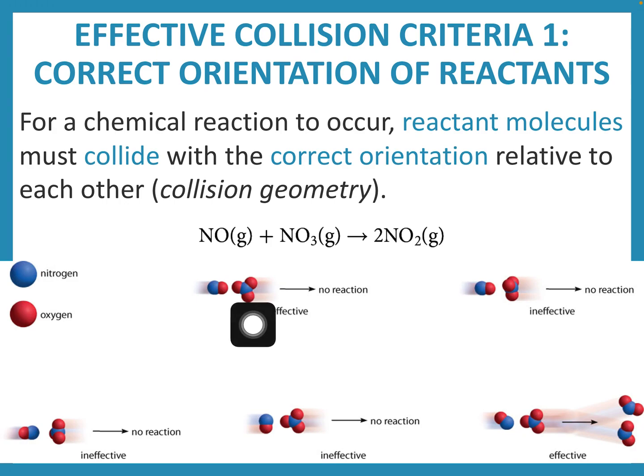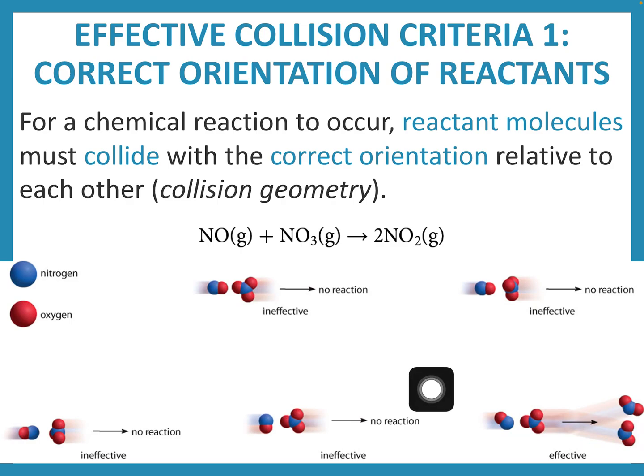So what is important to look at to see if a certain orientation of the 2 molecules in relation to each other would produce a reaction, what we need to know is what NO2 looks like. And so NO2 is a nitrogen with 2 oxygens attached to it, and you can see that it has this bent shape, similar to water. It's not the exact same as water, but we have a similar idea here as water. So it's not linear.